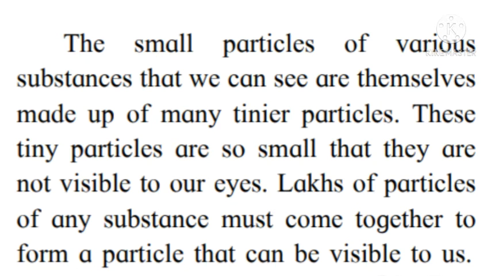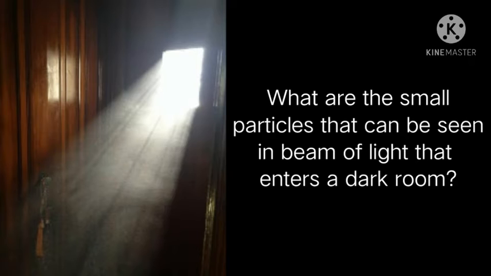The small particles of various substances that we can see are themselves made up of many tinier particles. These tiny particles are so small that they are not visible to our eyes. Lakhs of particles of any substance must come together to form a particle that can be visible to us.